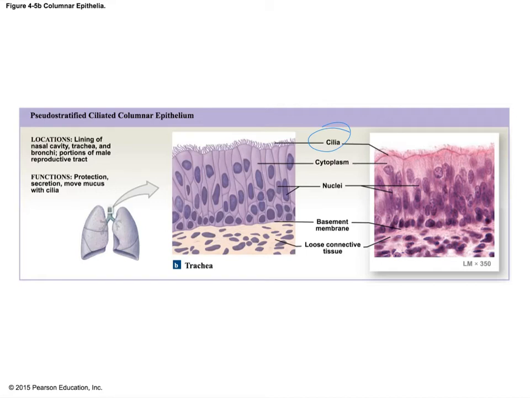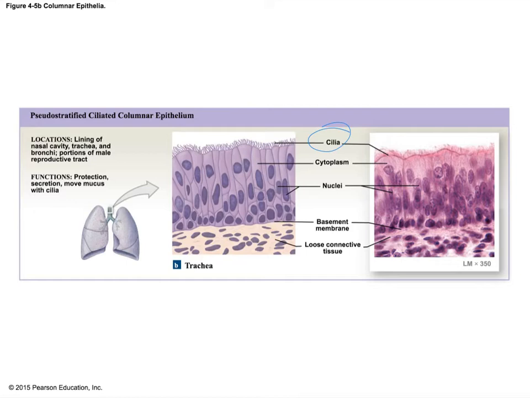So it's sort of stratified, but it's sort of not. When you look at this type of tissue, you have some columnar looking cells and you have some cuboidal looking cells, and they kind of squeeze themselves in there. Because they squeeze themselves in there, they're kind of stratified, kind of simple.